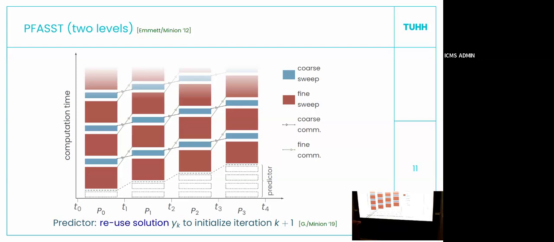And this also pipelines the algorithm. And there are different ways. In our context, we have an outer iteration, the sampling, and the inner iteration, the fast. So we can reuse the previous outer iteration to initialize the STC sweeps.